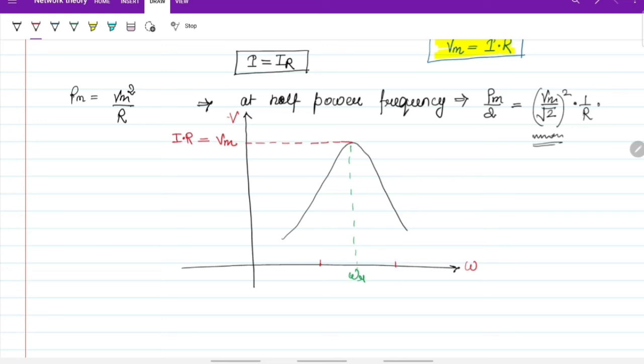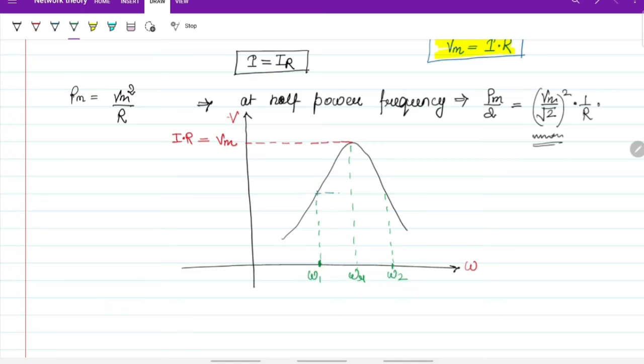This is the frequency at which we will get half power. This is omega 1 and this is omega 2.